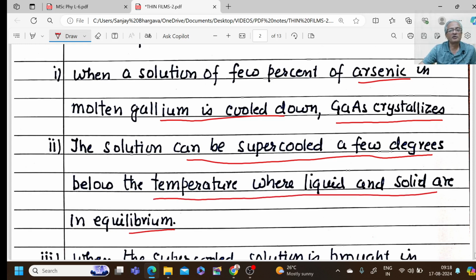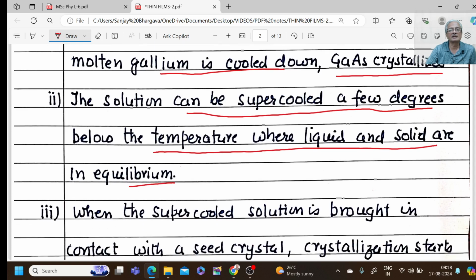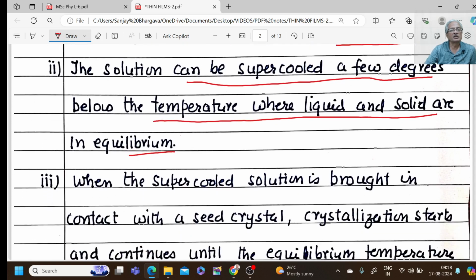So in the first step, we use a solution of a few percent of arsenic in molten gallium, which is cooled down, and then crystallization of gallium arsenide takes place.